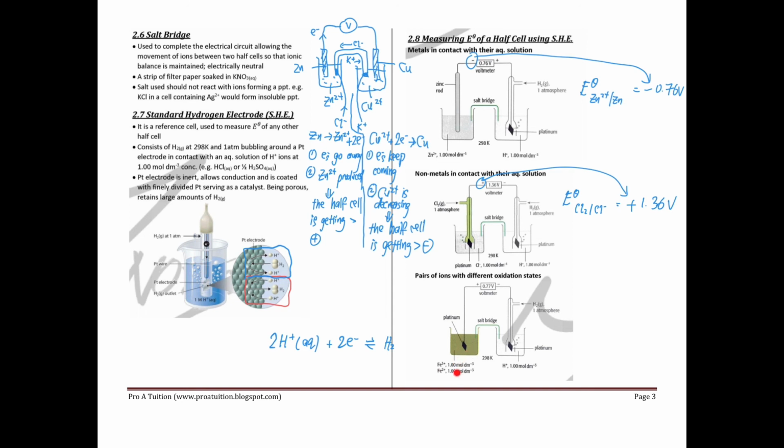Then the next one, this one. Like what I said, if both are aqueous or both are liquid, then you can just put both inside the container, the beaker, straight away. And then this one's SHE again.